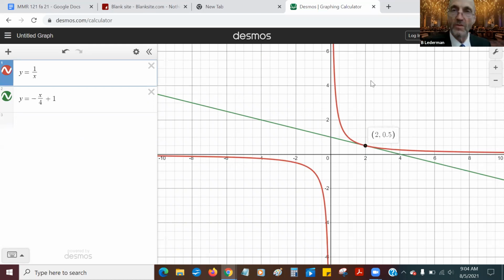So I'm at the point 2 comma 1/2, and the slope is negative 1/4. That is pretty awesome. So we figured that out with calculus. Yay! Okay, let's go back.